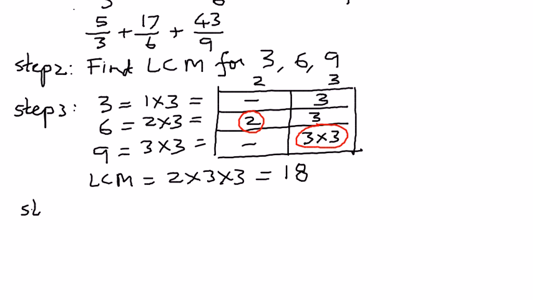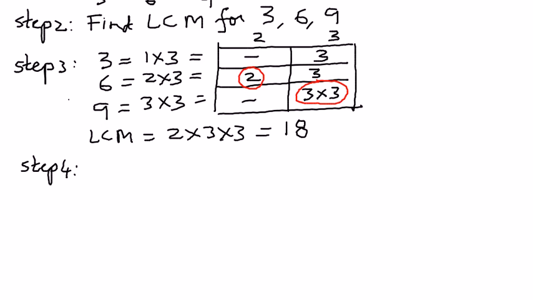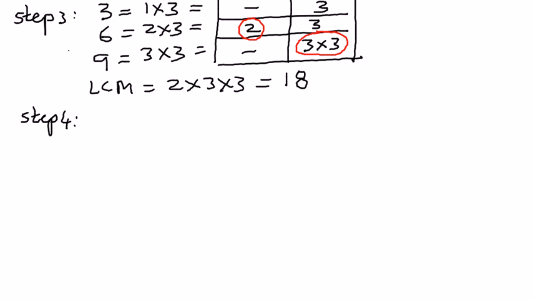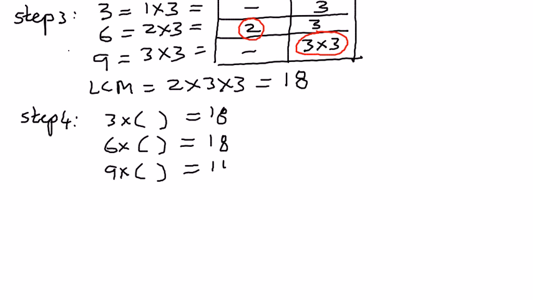As a next step, we're going to come back and write it out as follows. 3 times what number is equal to 18? Then 6 times what number is equal to 18? And then 9 times what number is equal to 18?